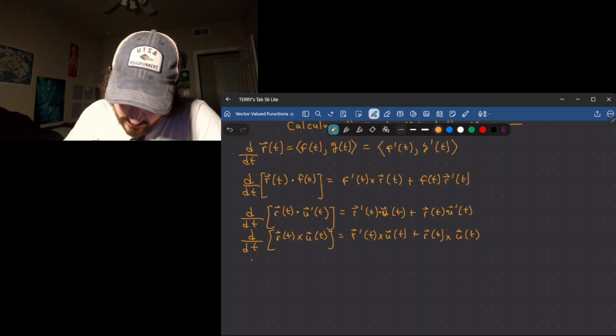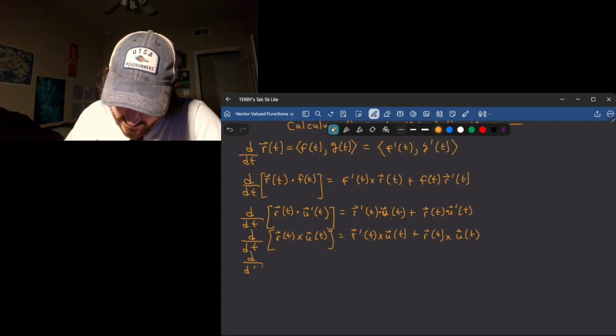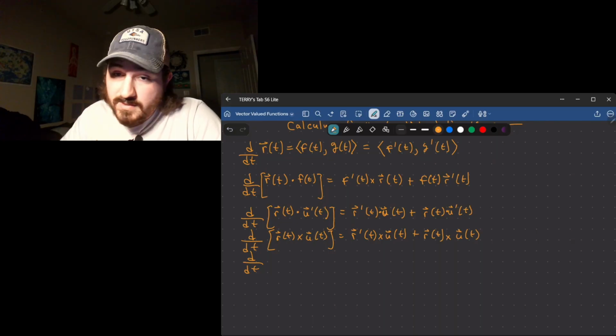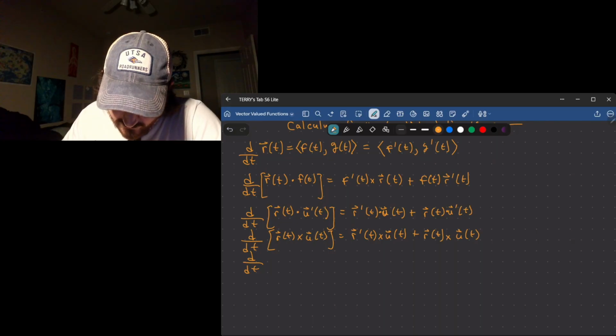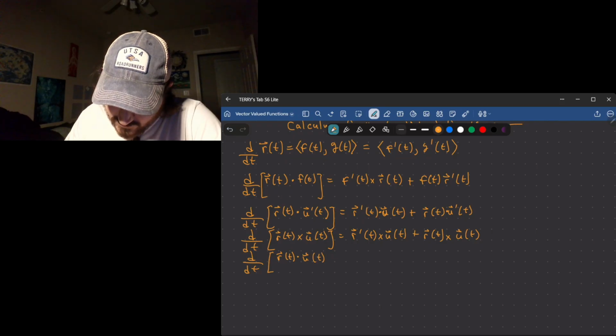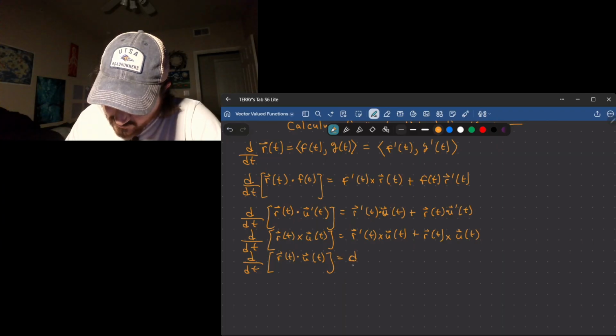And then there's just one little more we should talk about really quick just in case. So we've got the derivative of r of t dot u of t again, so two vector valued functions equaling a constant. Now remember, we're going to also take d/dt of the constant.